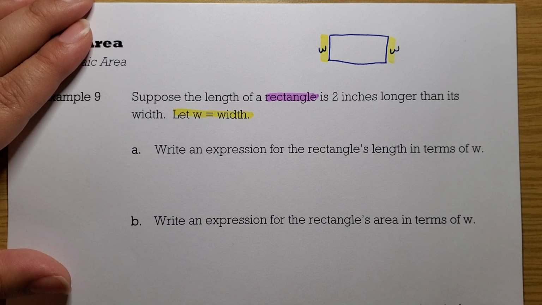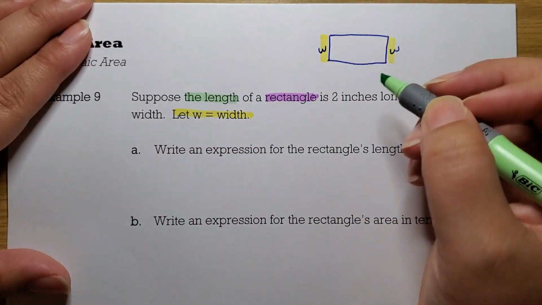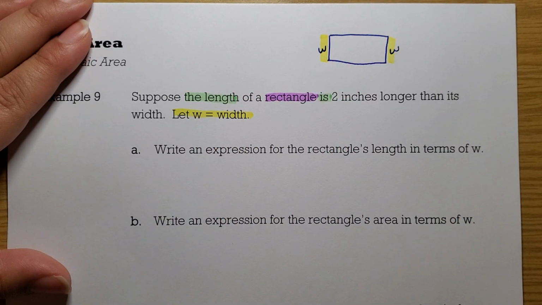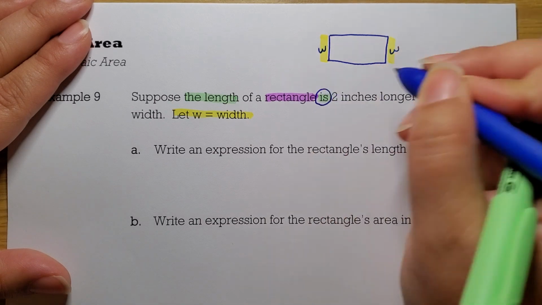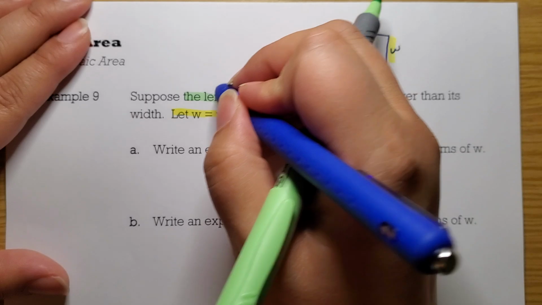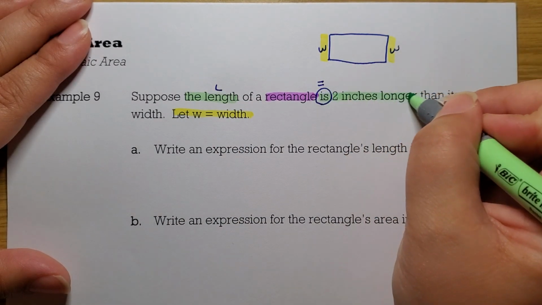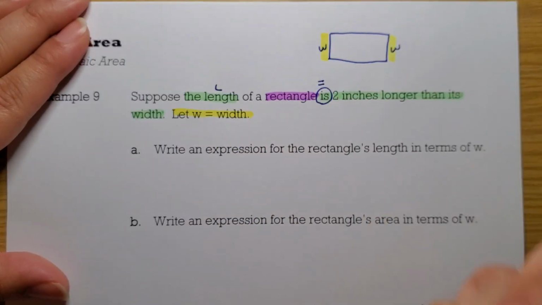So the other component of a rectangle is the length. So we have the length is, remember that is important because that tells us the equal sign. So the length is 2 inches longer than its width.